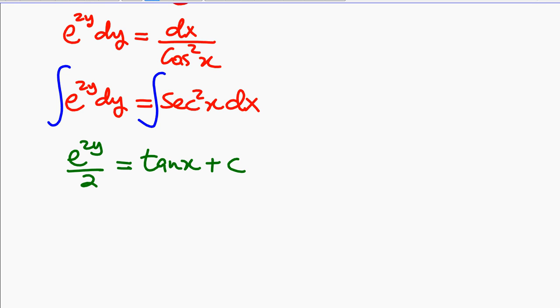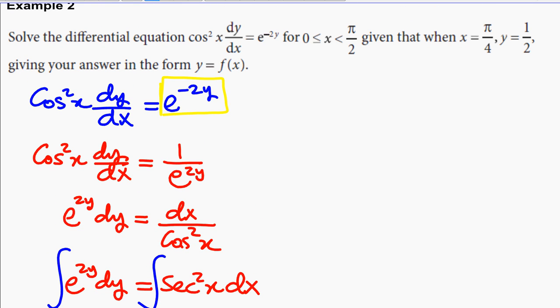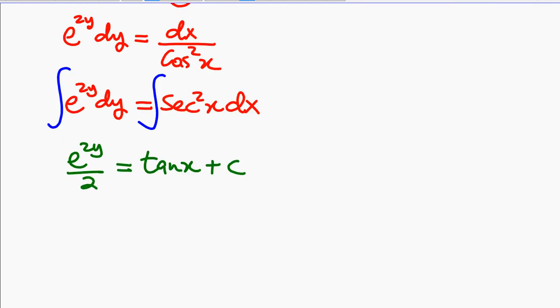All right. And then the question here is asking us to find a particular solution, because we are given the value of x and y, and we need to write our answer in that form. So anyway, back to where we are.